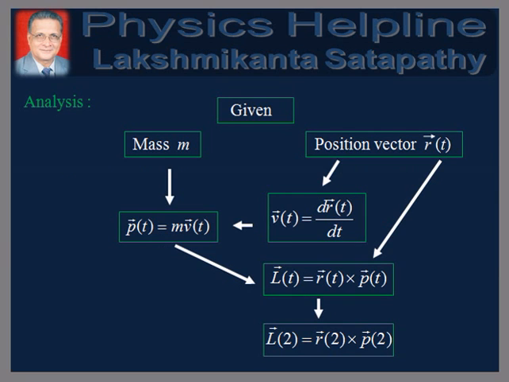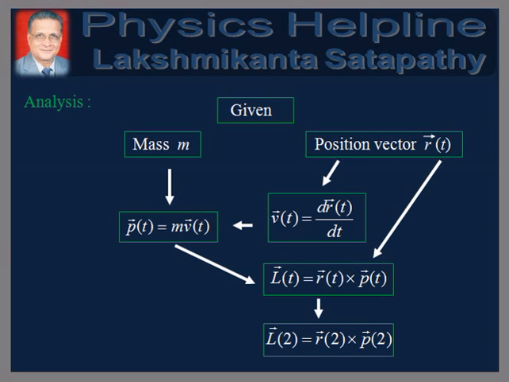Before proceeding to solve the problem, let us analyze the method to be adopted. Two quantities are given to us in the question: mass of the particle m and position vector r(t). From position vector, we can find the velocity at time t.